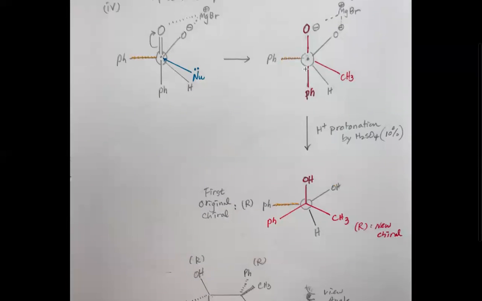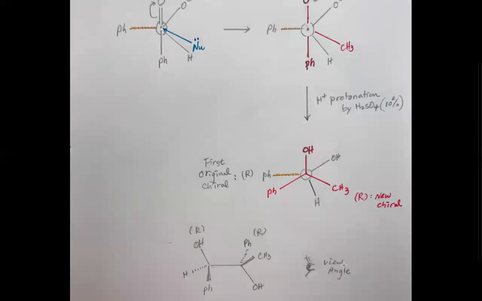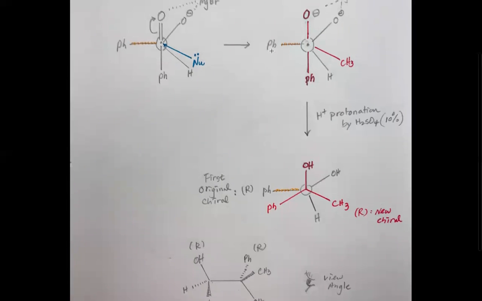You see this clockwise and clockwise: hydrogen, phenyl, and then oxygen, 1, 2, 3. After the nucleophilic attack, it is still 1, 2, 3. If you view from this same direction, where you're outside of the computer screen, you get both clockwise arrangements of the substituents.